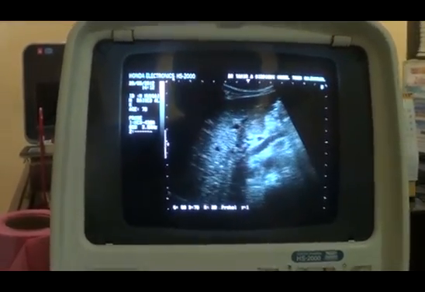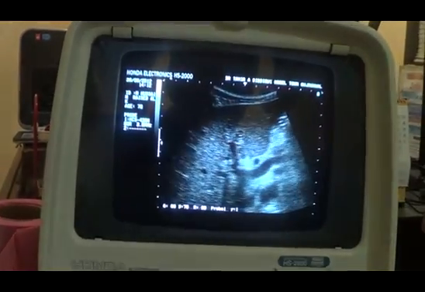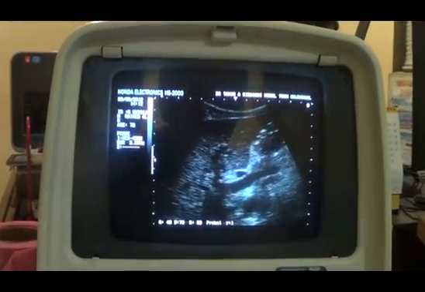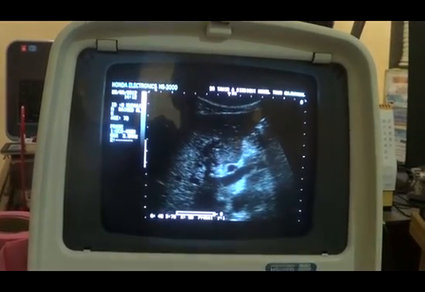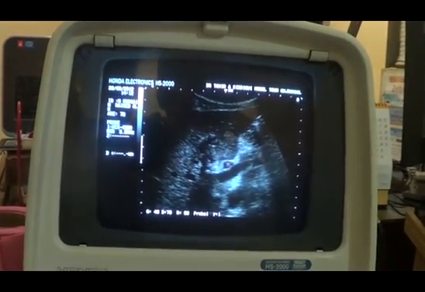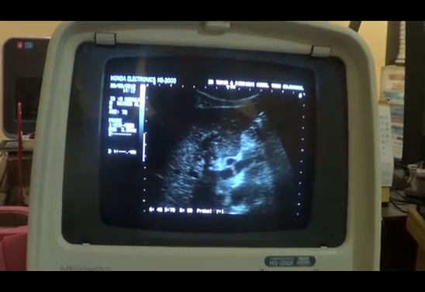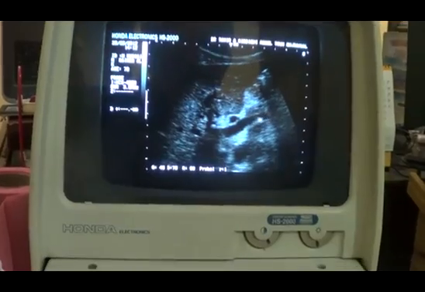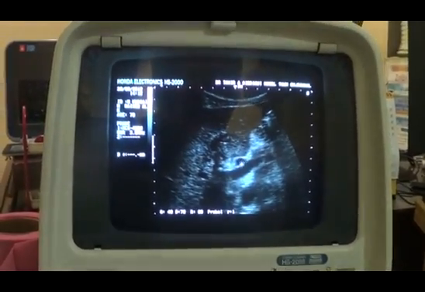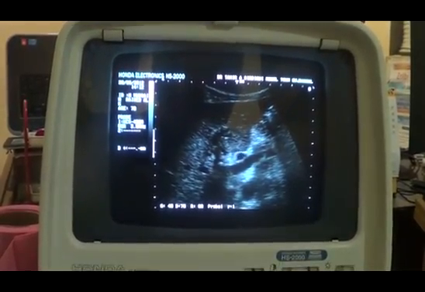Now this is the region of the porta hepatis. Here we are, and a tiny cystic area seen anterior to it. This one is the common bile duct in transverse section. This is the inferior vena cava. This is the portal vein. This is the common bile duct in transverse section.